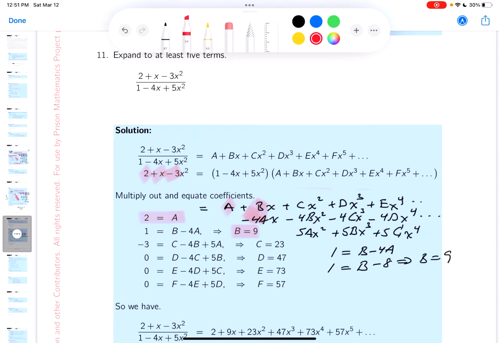Let's go to the next thing, and I got to match this thing, right? So this thing has to be minus 3 with the coefficient on the square term. Let's write it down. So minus 3 equals c minus 4b plus 5a. Okay. I'm going to erase some of my work, by the way, because it's not needed anymore. I got the b, I got the a.